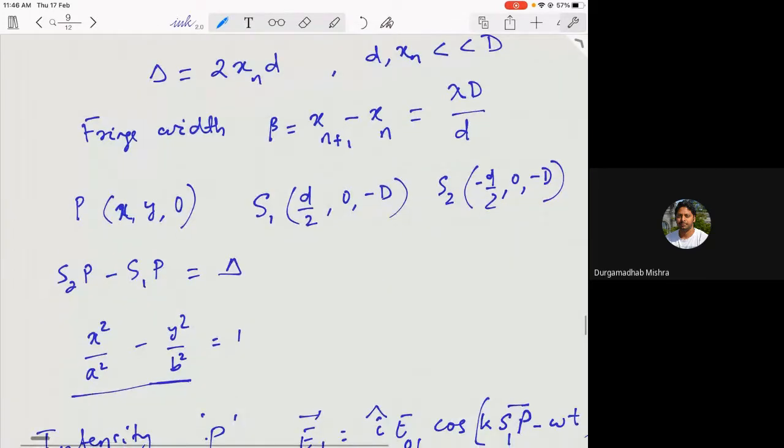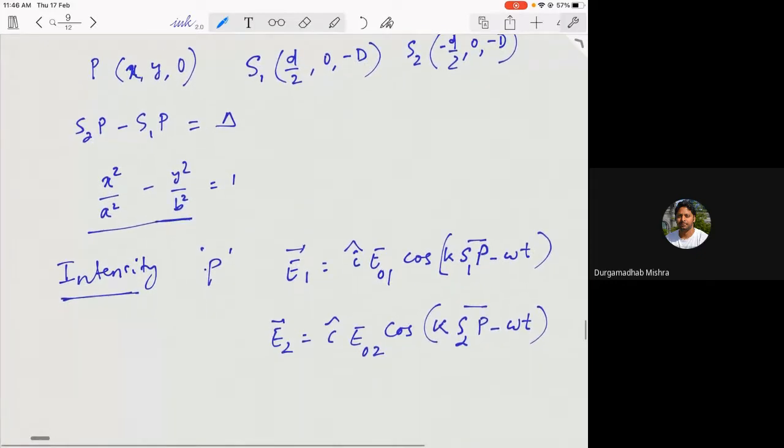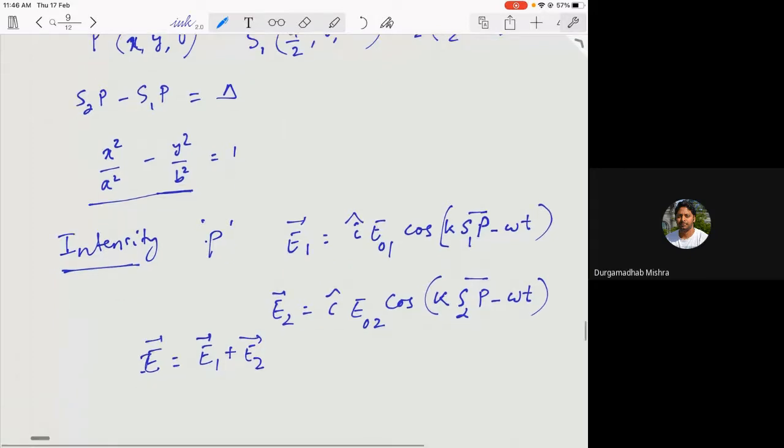Since these are electromagnetic waves, you can represent these waves using the electromagnetic wave equation. You can write it like that. The electric field associated with the wave you can write like this. And then the total electric field will be, again from your superposition principle, at any point E would be the vector sum of E1 plus E2.